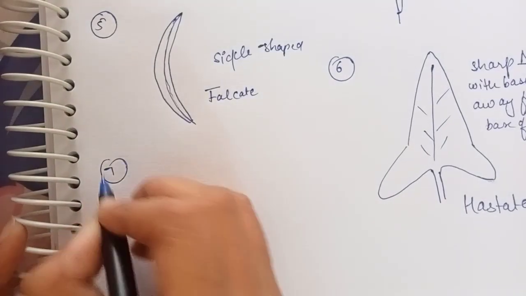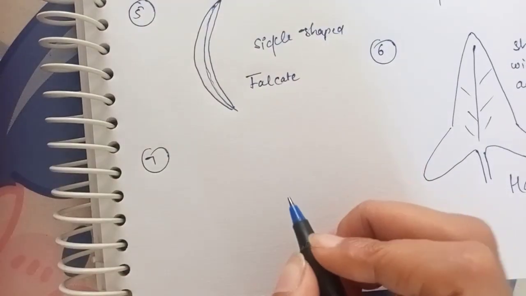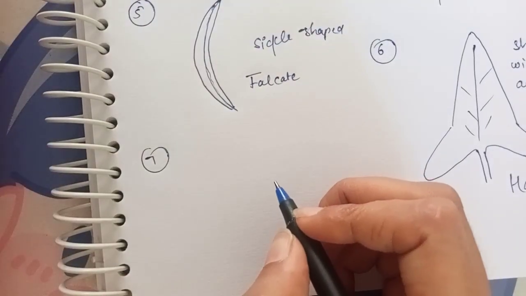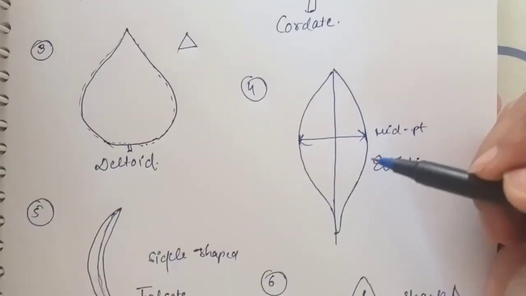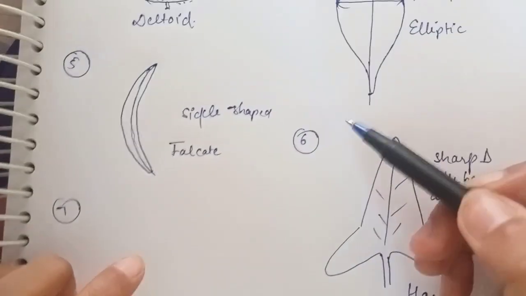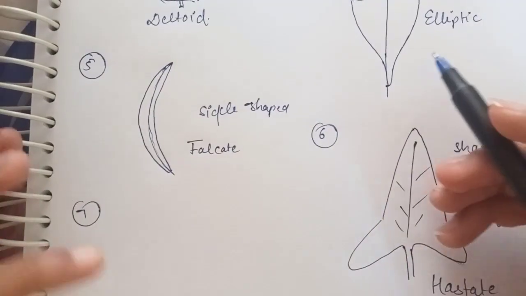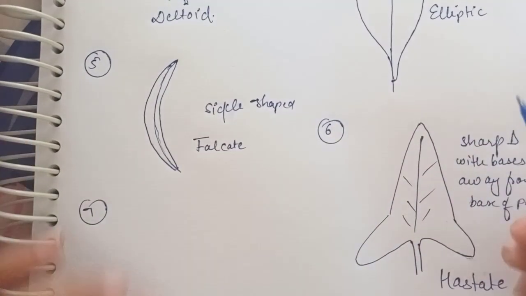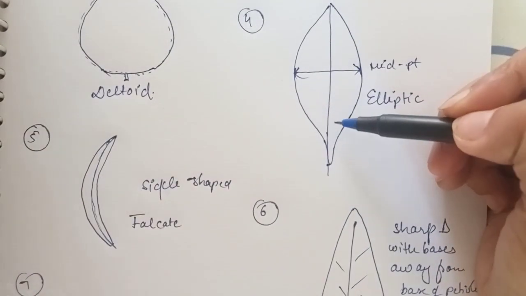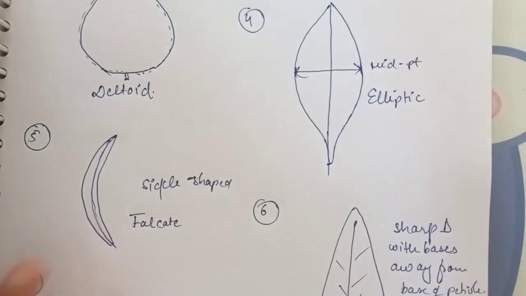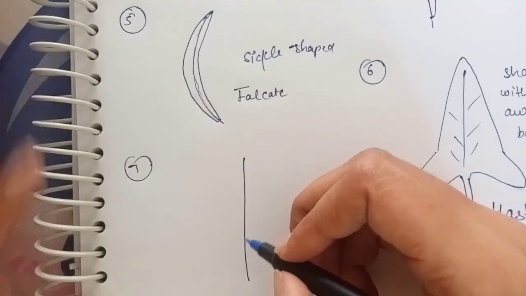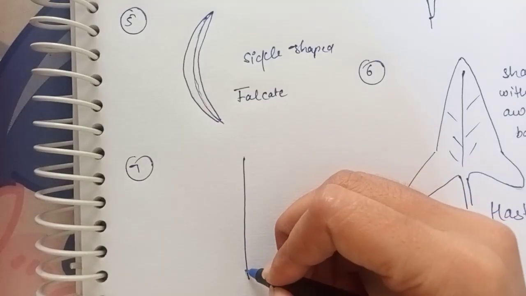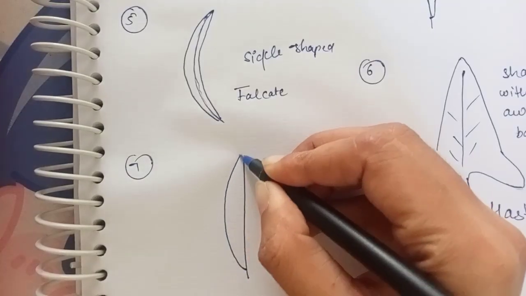The very next shape we are going to talk about is lanceolate. I hope you have come across this term, lanceolate. You have to compare lanceolate and elliptical. Lanceolate looks similar to elliptical, but it has a tapered end. A tapered end is like it is ending.